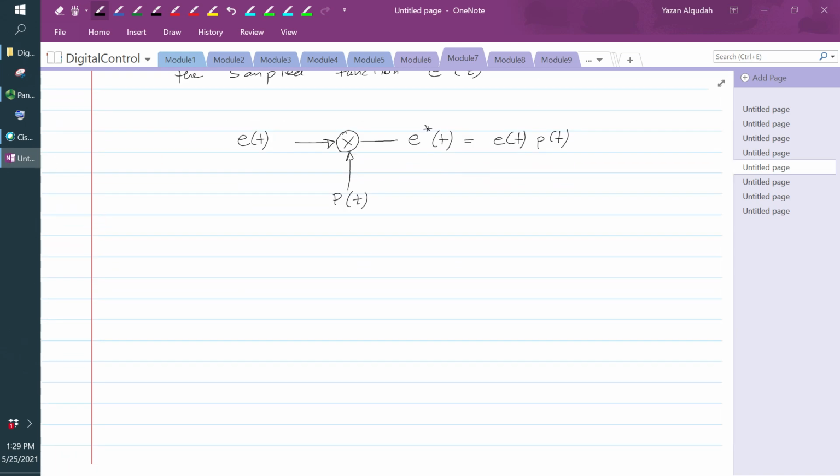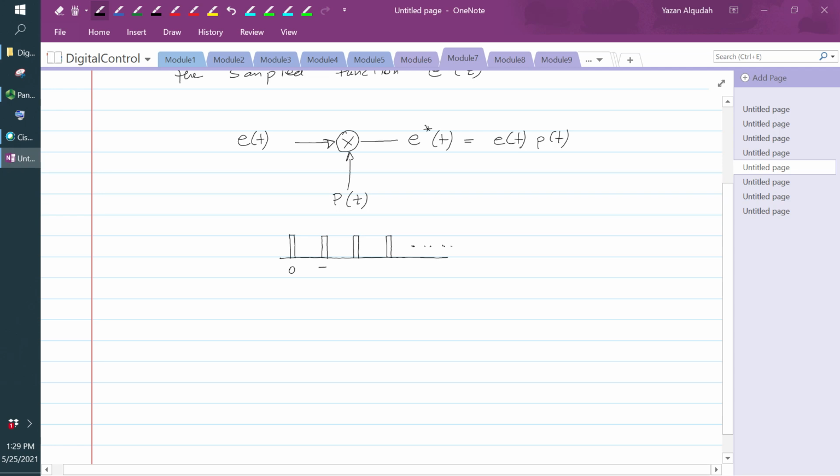Okay, what does this pulse train look like? This pulse train looks something like this. These are rectangular pulses, and this starts at 0.